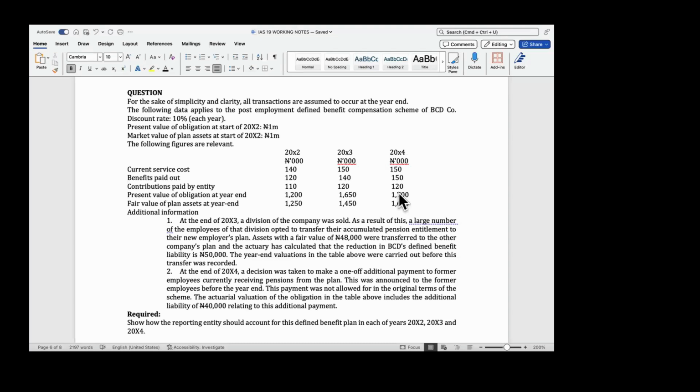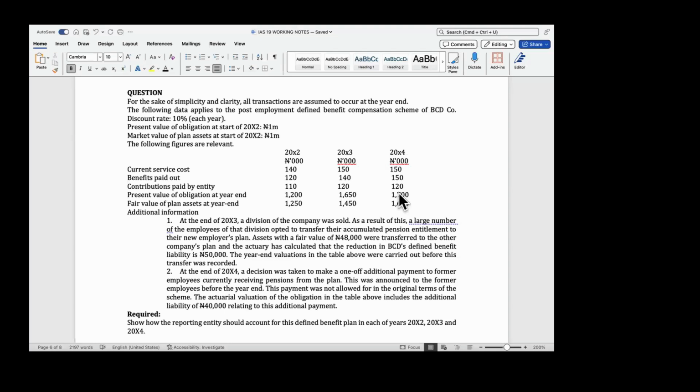This payment was not allowed for in the original terms of the scheme. The year-end valuation of the obligation in the table above includes the additional liability of 40,000 relating to the additional payment required.